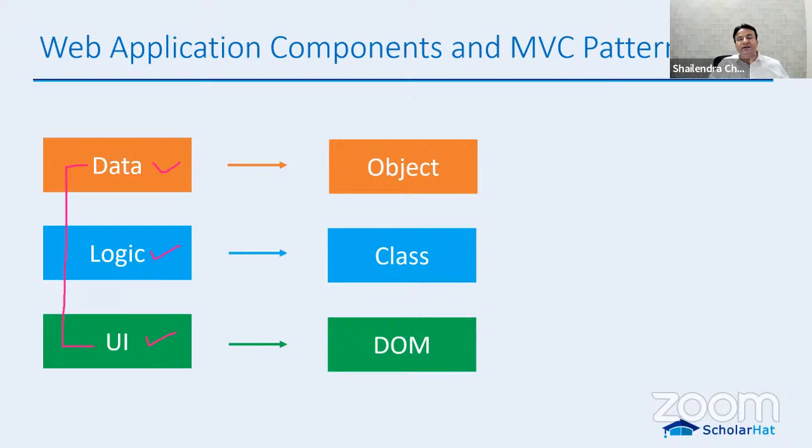What are the real world objects over there? We have the customer, we have the product. How do we represent this customer and product? We represent them with a class. You will create a customer class, you will create a product class. Those classes are actually object classes. So you can see here we have the object class and we have the logical class.